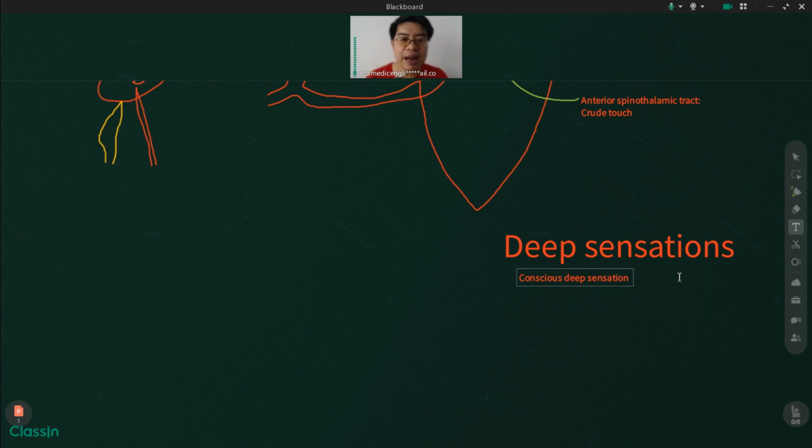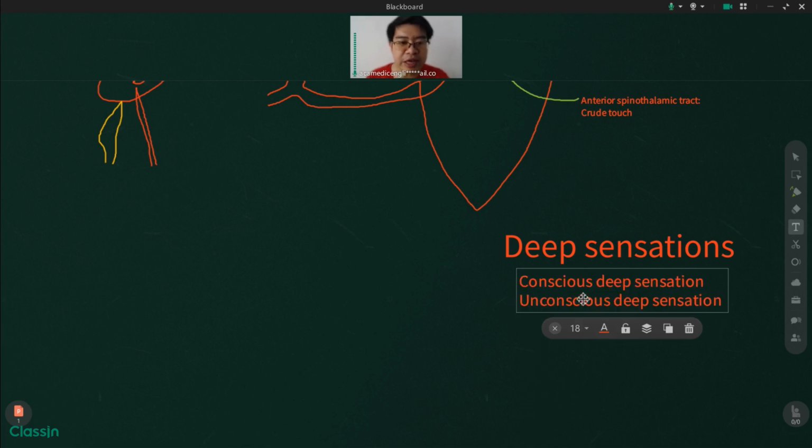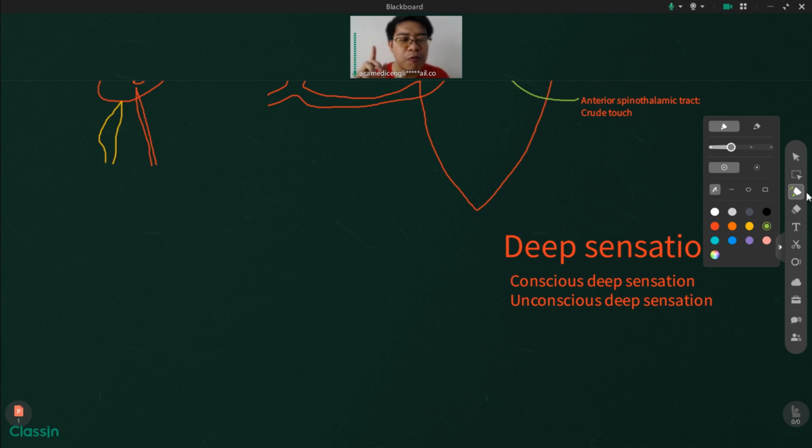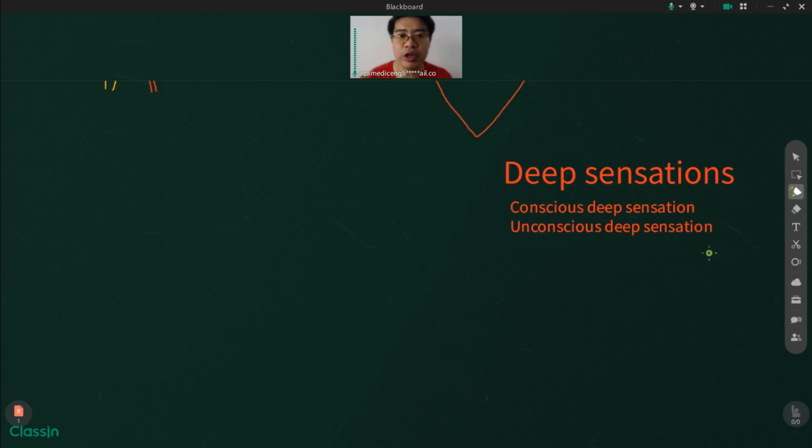And there is another type of deep sensation called unconscious deep sensation. It is essentially a very special type of proprioception, but you don't sense it within the cerebral cortex because it sends the information somewhere else: your cerebellum. Your cerebellum is the center for coordination of actions.